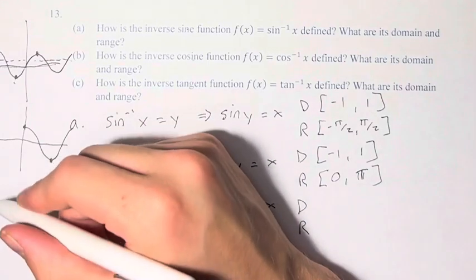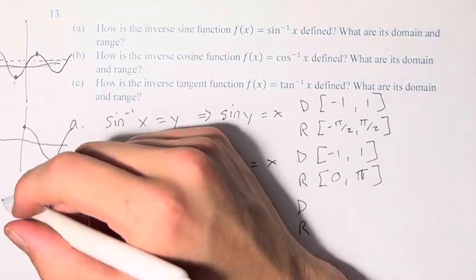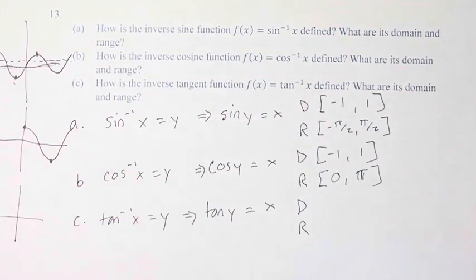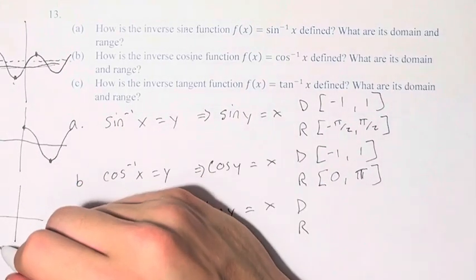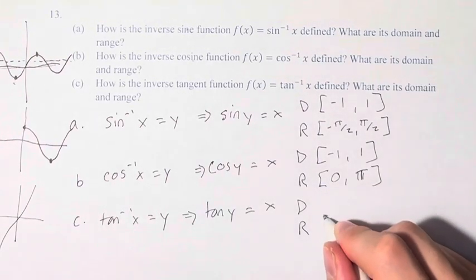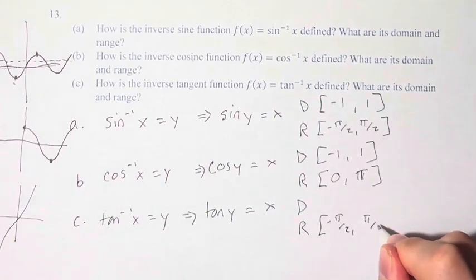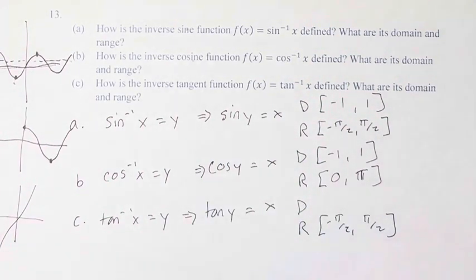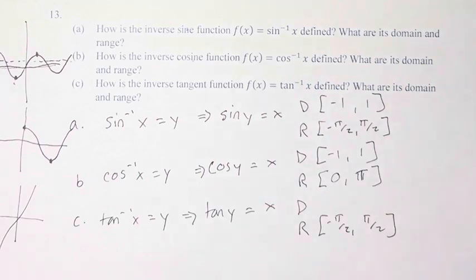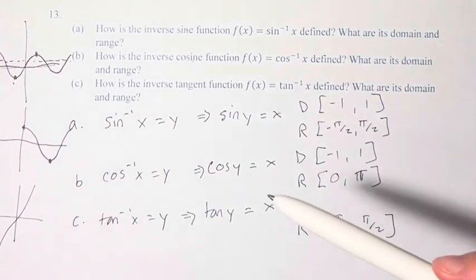And finally, tangent inverse is the values of tangent from negative pi over 2 to pi over 2. I'm confusing myself here.